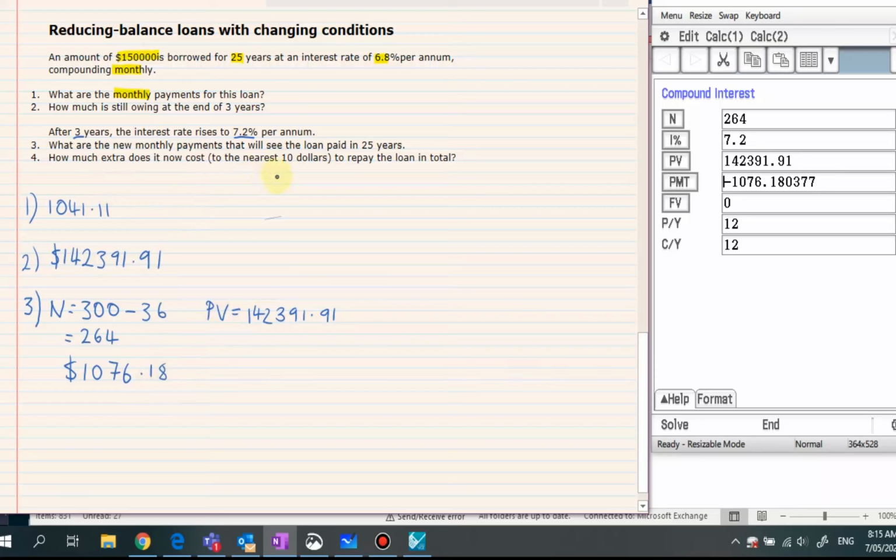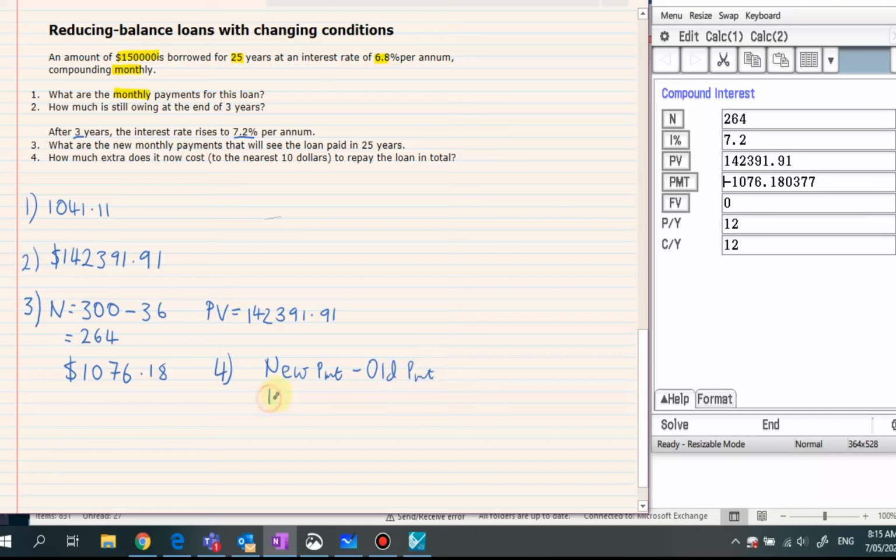Okay, last part of the question, how much extra does it now cost to the nearest $10 to repay the loan in total? All right, so we're talking about the extra that has been piled on top based on this interest change. So the extra is going to be the new repayment, number 4 here, minus the original repayment.